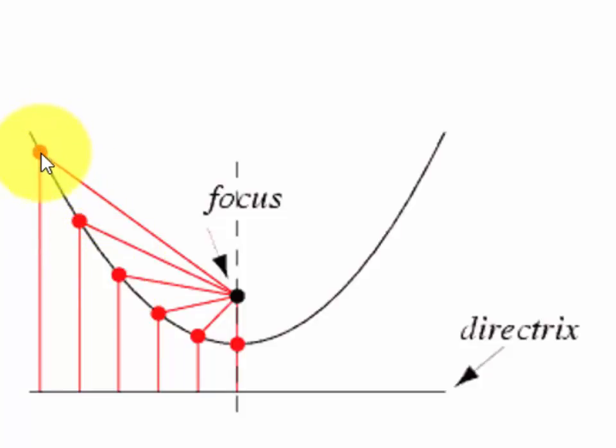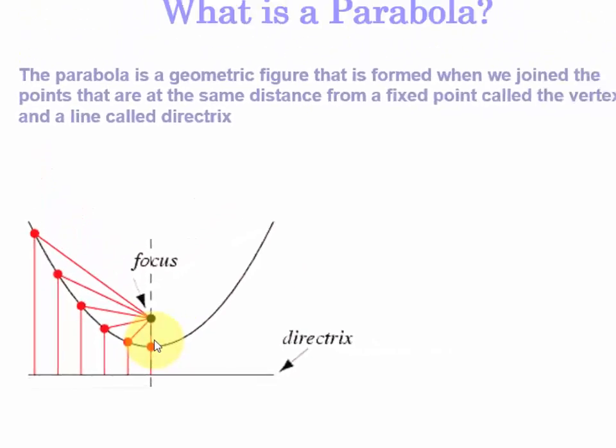Now, if we join all of these points, we're going to make a parabola. The distance from this point to the focus and from the same point to the directrix is exactly the same. And if we join all of these points, we will form a parabola.